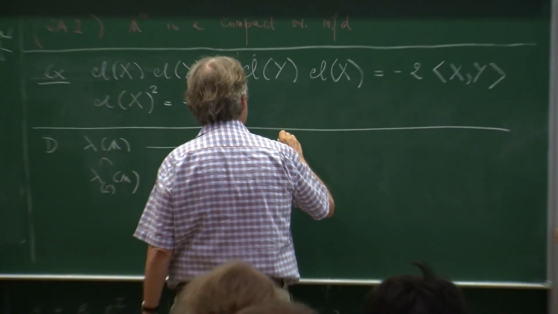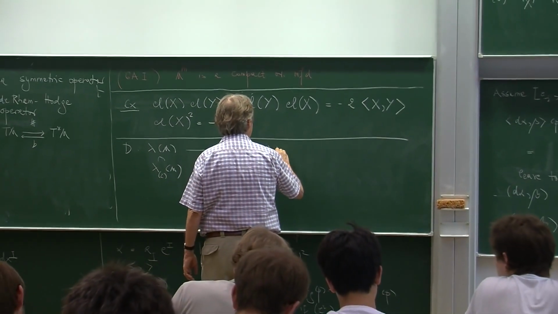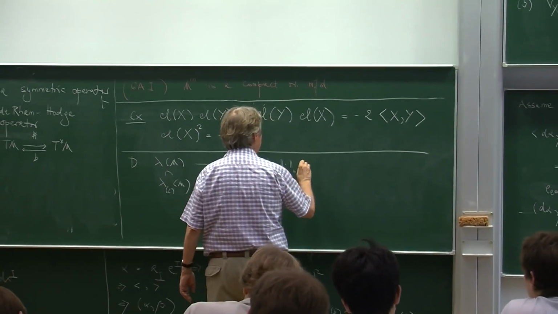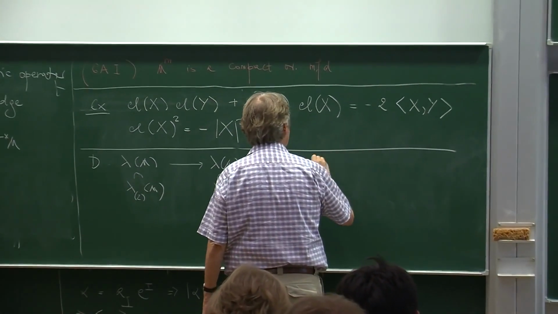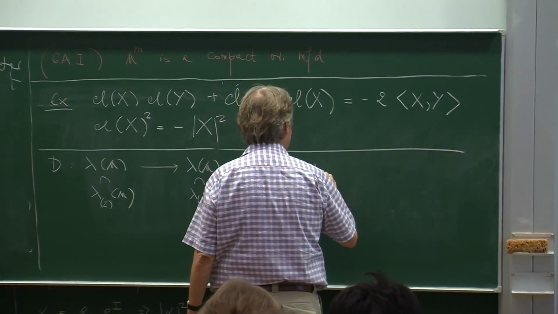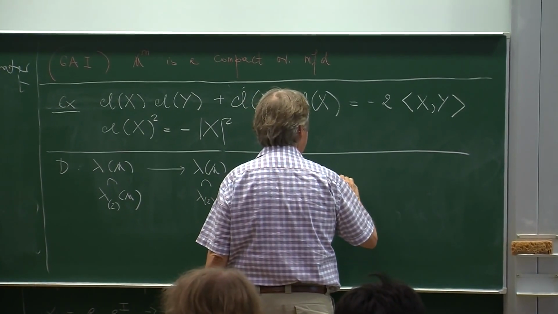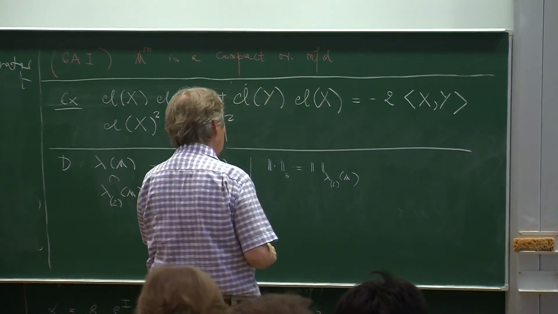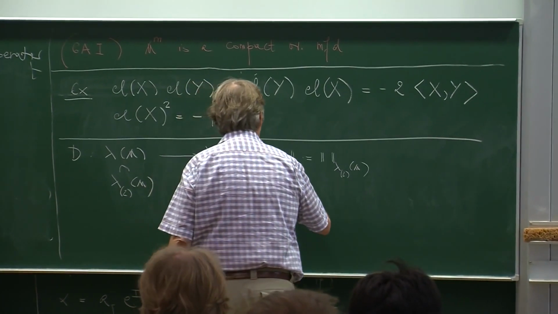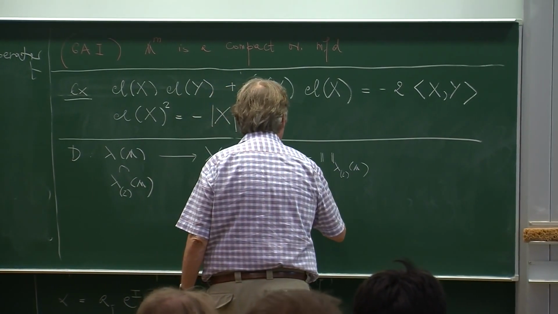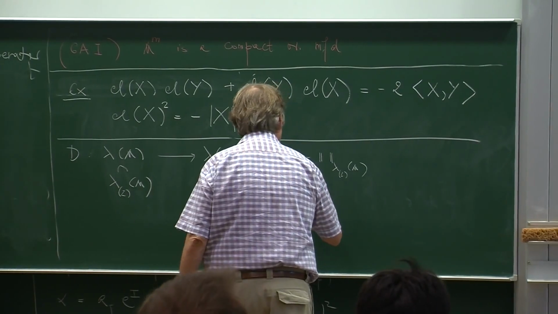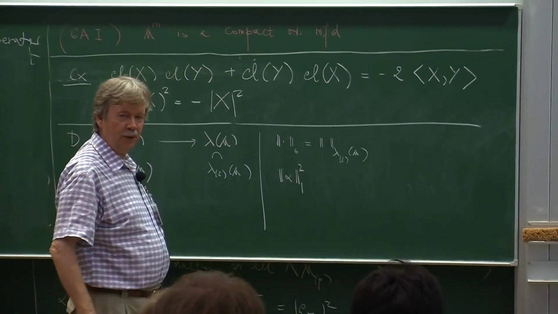The norm in L2 now will be renamed as the 0 norm. And then, of course, we also need a 1 norm. So we put an alpha here.